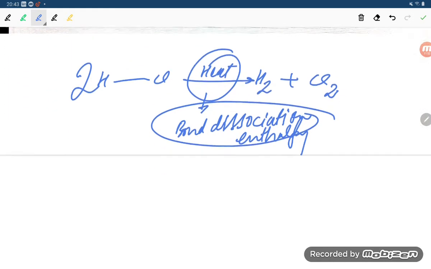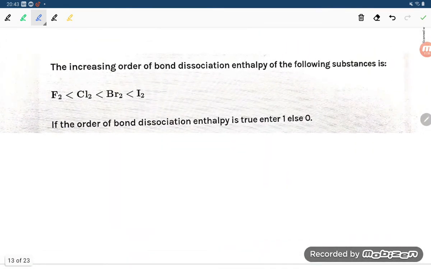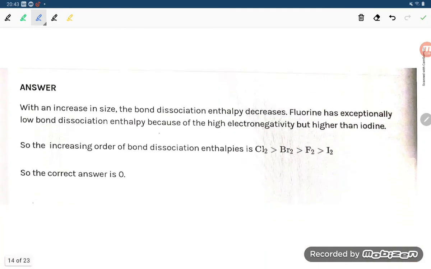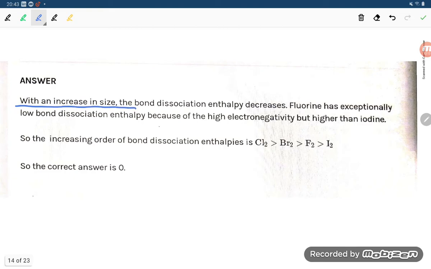Next slide, students. The increasing order of bond dissociation enthalpy of the following substances F2, Cl2, Br2, I2: is the order true, 1 for true, 0 for false. Let us read out the slide. With an increase in size, the bond dissociation enthalpy decreases.